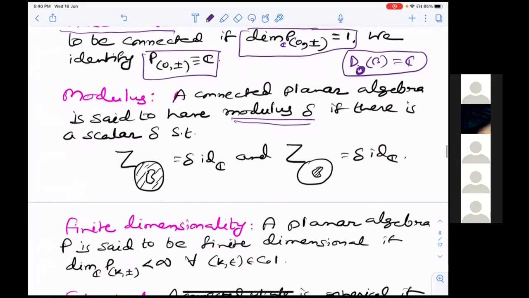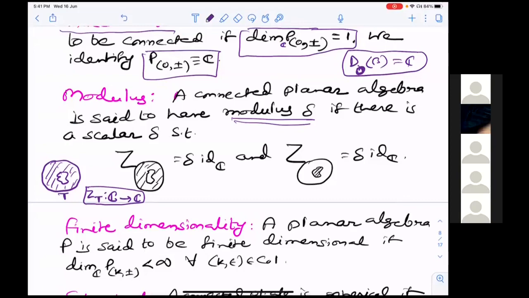So let me explain this. This is my tangle. These are the floating loops. There are no internal boxes, right? So this is T, where Z_T will be defined. There is no internal box, so it should be defined from C to where there are no marked points on the external disk also. So P_0, that is also P_0^+. Because it is connected, P_0^+ is C. So it will also be C to C. Therefore, this is just saying that Z of this is equal to delta times a complex number.